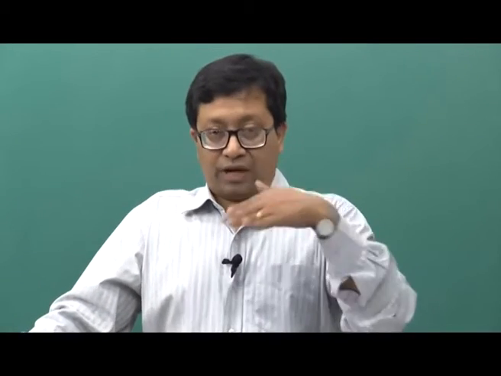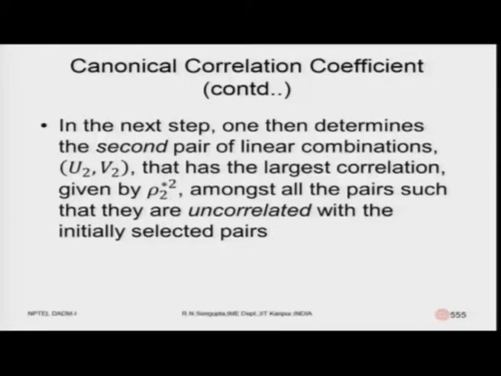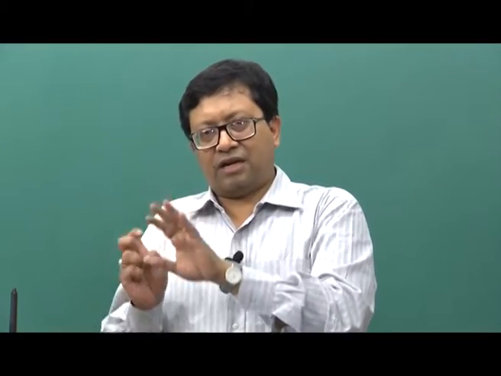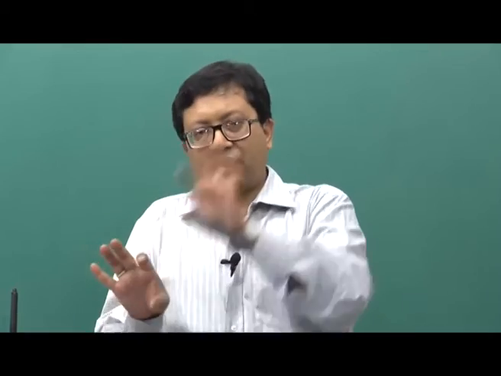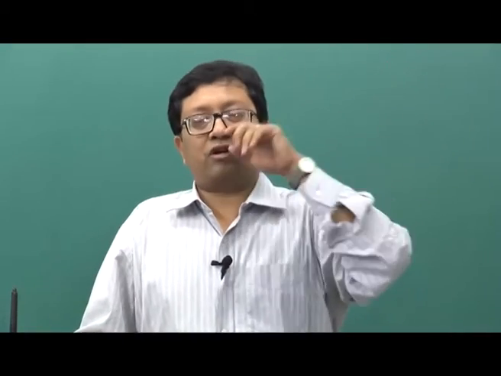In the next step, what I just mentioned, I will read it. In the next step onwards, one determines the second pair of linear combinations, U2 V2, that has the largest correlation given by rho 2 square amongst all the pairs, such that they are uncorrelated with the initially selected pairs. So, for the initial selected pair U1 V1, you try to find the second set that gives the maximum correlation, provided U2 V2 are not correlated to U1 V1.